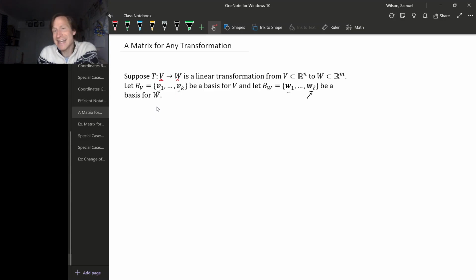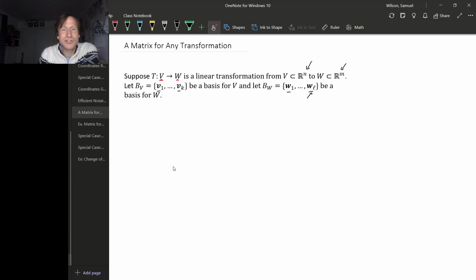So to get a matrix, we have to have a linear transformation between Euclidean spaces. But it can't be the Euclidean spaces that contain V and W, because the linear transformation isn't defined on those Euclidean spaces.